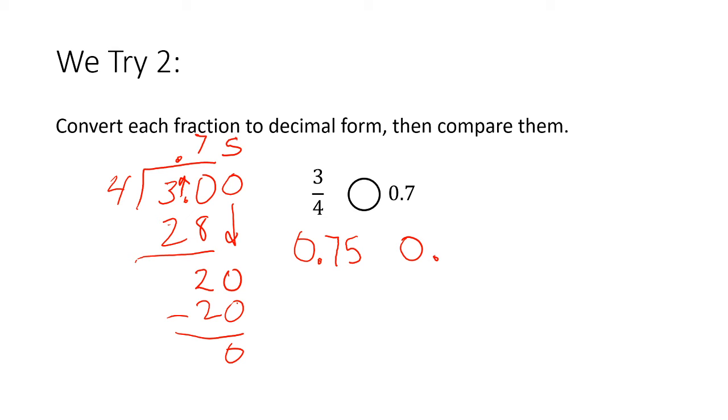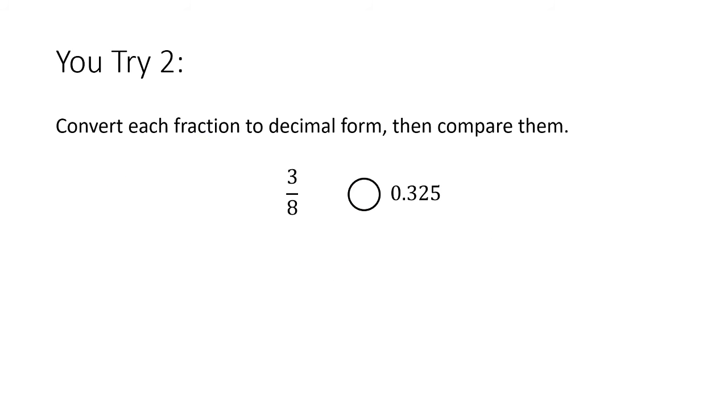And we already have a decimal on the right, so I can just compare them. Go to the first thing. It's a 7, so they're the same. Go to the second thing. Since there's nothing on the one on the right, I'll just put a 0 there. 5 is bigger than 0. So 3/4 is bigger than 0.7. Go ahead and try this last one on your own.